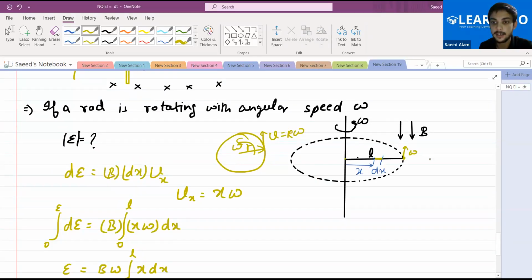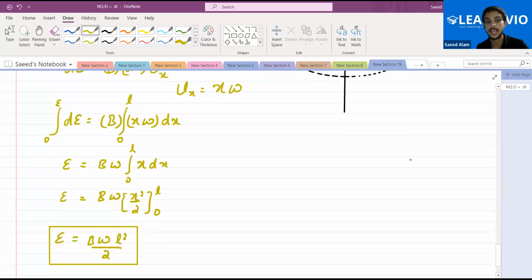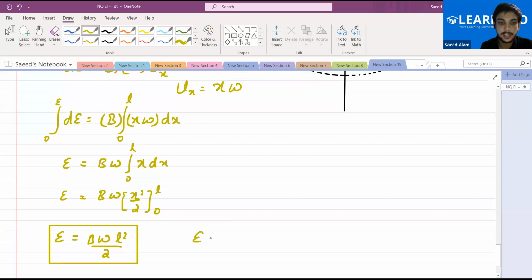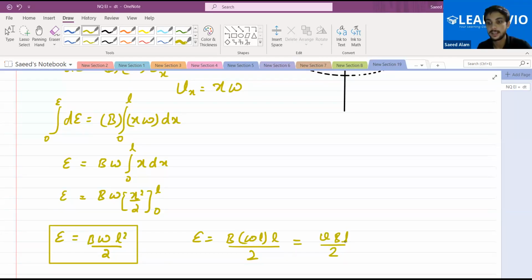It will be maximum, omega into L. Let us represent this with V. So EMF will be B, and omega into L I'm separating over here, and L divided by 2. It is looking like VBL by 2. So it is actually half of the previous case.